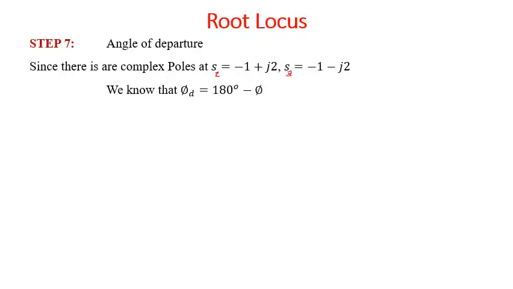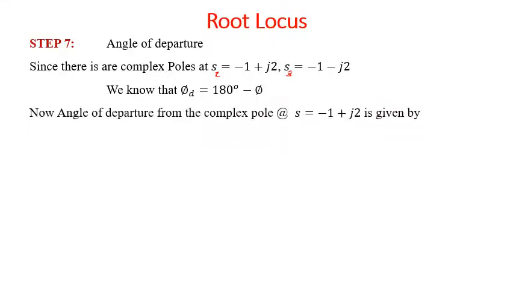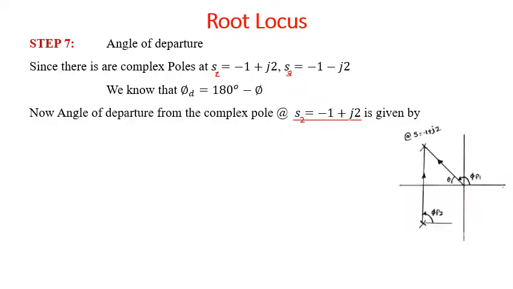To find the phi value, we have to fix one of the complex poles as an anchor. Anchor means fixed point. So we are going to choose the second pole, that is S2 equal to minus 1 plus j2, as the anchor point, and using this fixed point we will draw a small diagram. Here is the grid we have drawn.